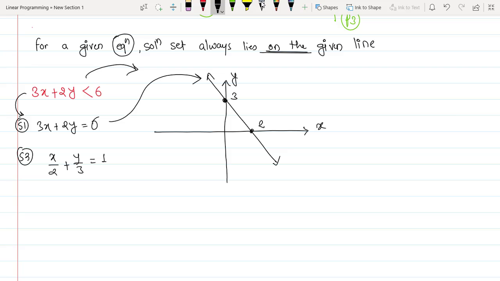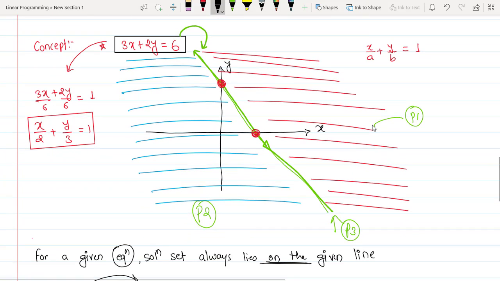Now where will the solution set be for this given inequation? As this line has divided the Cartesian plane into 3 parts, this is the right hand side, this is the left hand side, and this is on the line. What do you think? Great, boss. If you take this region, this P1 region, and substitute any value of x and y in this equation, the value will be absolutely greater than 6.